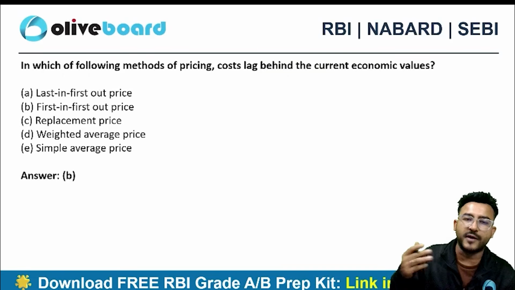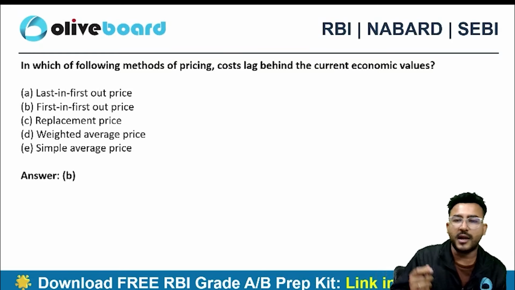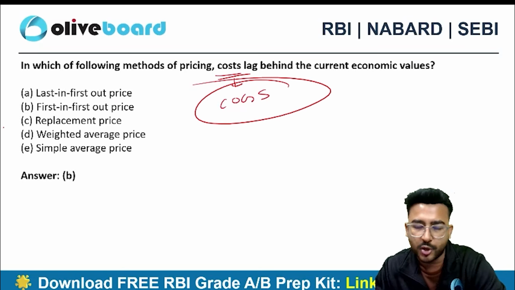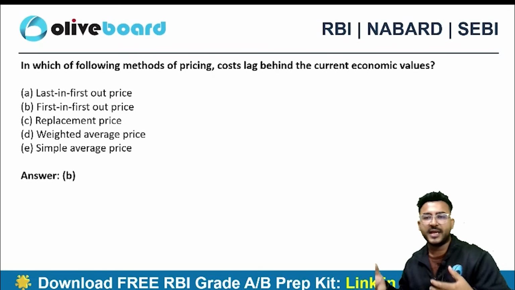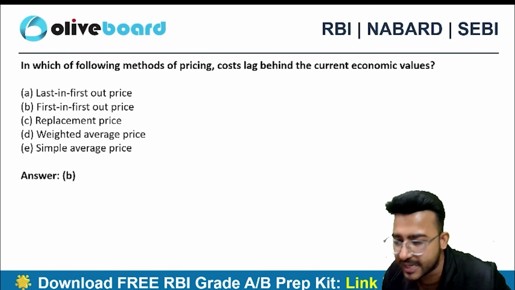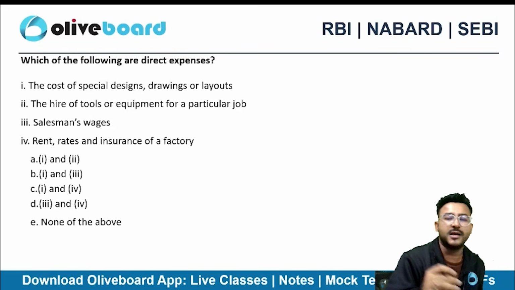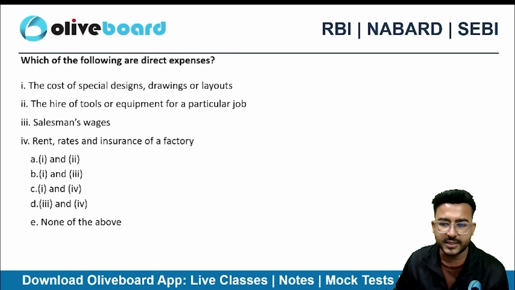In this kind of arrangement, the cost is sometimes lagging behind the current economic value. Now, when we talk about cost, here they are talking about cost of goods sold, right? If they are talking about something else, there is a different type of question as well. We'll be discussing a separate type of question for more clarity, which is included in today's class.